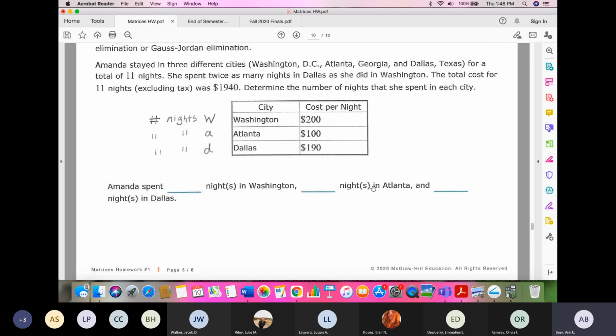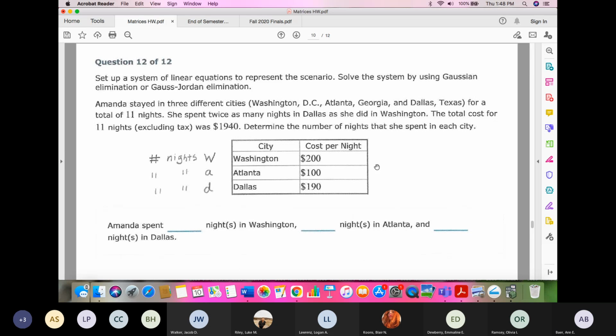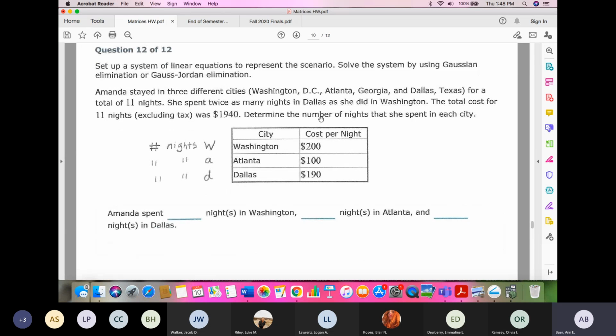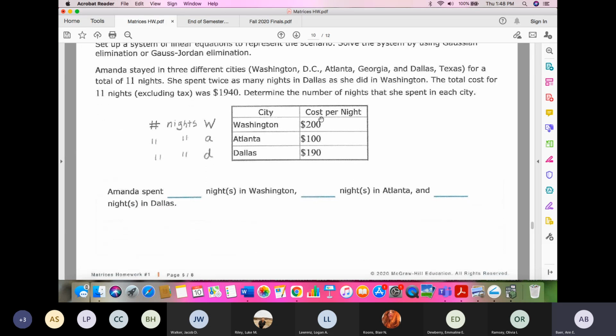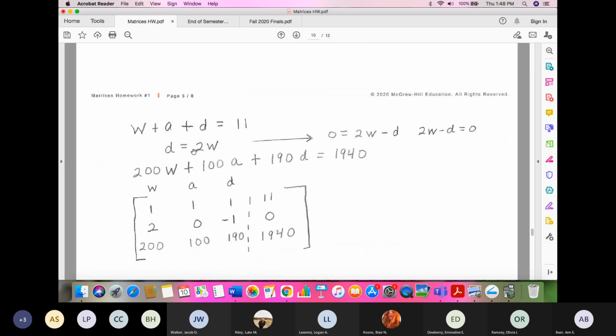Okay, so we have one more statement that we have not used yet. She spent twice as many nights in Dallas as she did in Washington. So let's say she spent 5 nights in Washington.